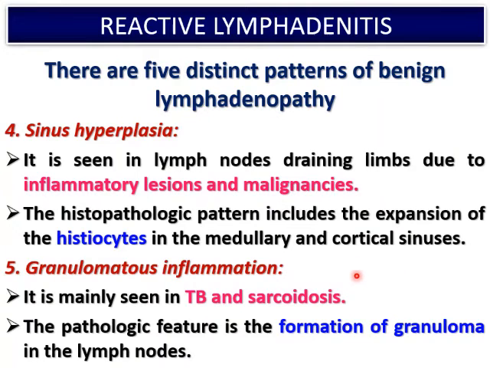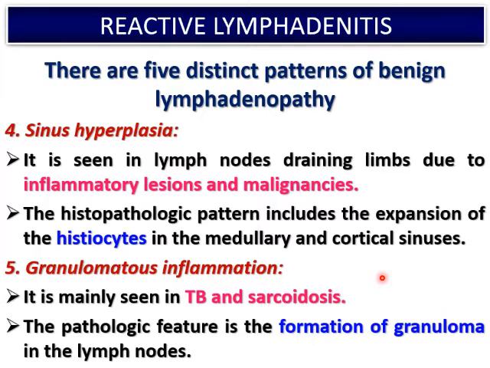Sinus hyperplasia usually occurs in case of lymph nodes draining malignancy or inflammatory lesion. In this condition we have expansion and infiltration of the sinus by histiocytes. So this type of lymphadenitis is characterized by presence of an excess number of histiocytes in the sinus of the lymph node.